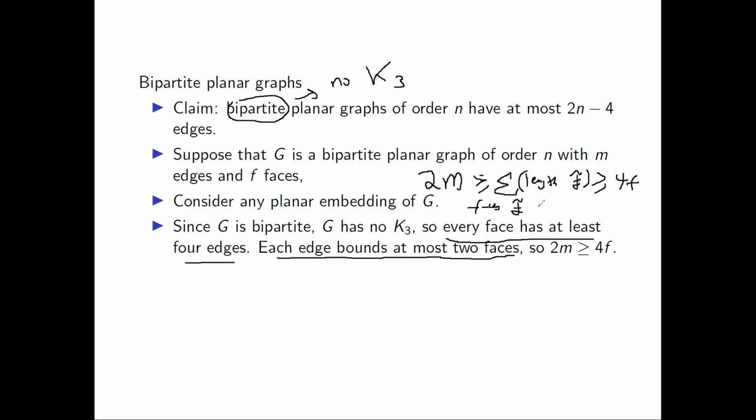So why is that? When we look in this sum, each edge is counted at most twice, because each edge bounds at most 2 faces. So that tells us that 2m is greater than or equal to 4f.